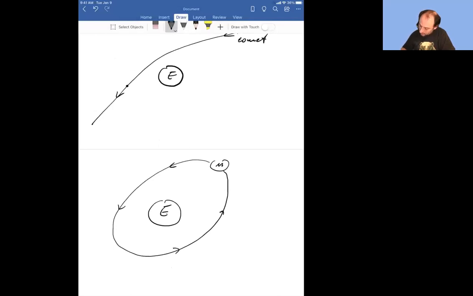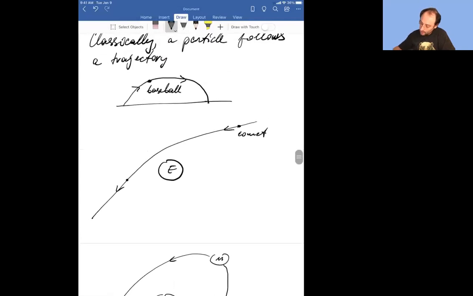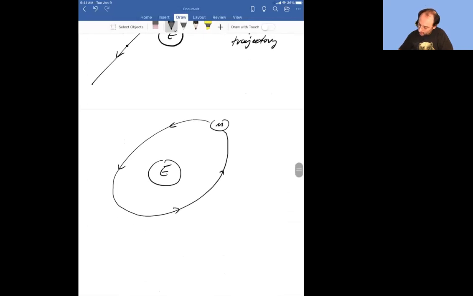It's actually not a circle, it's an ellipse.